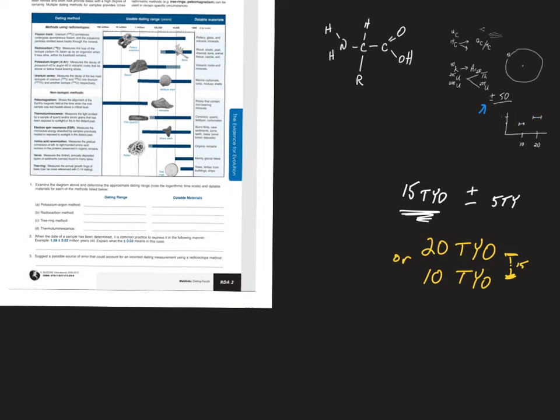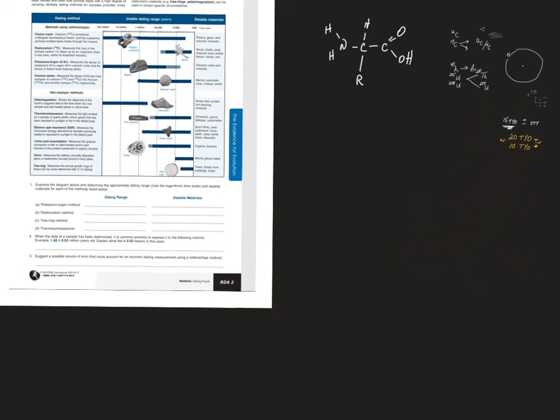So again, in science, we do our best to get it as accurate as we can. However, even though we're pretty sure that we got the range correct, we can't be sure of the exact number. So there are a lot of events that could impact how old the rock is, right? There could have been events that occurred throughout the geologic history that somehow changed the amount of radioactive material available in the rock.